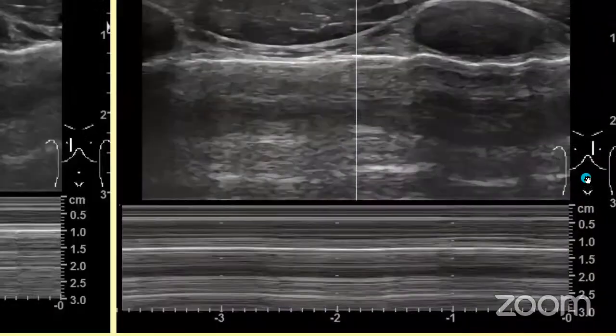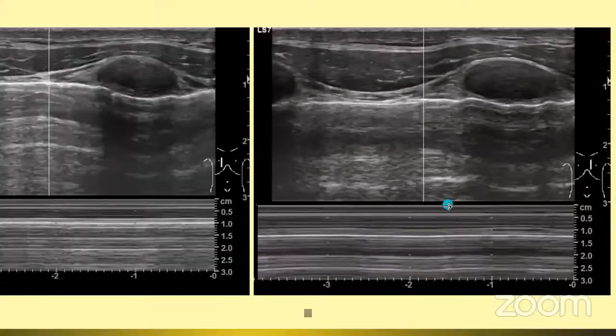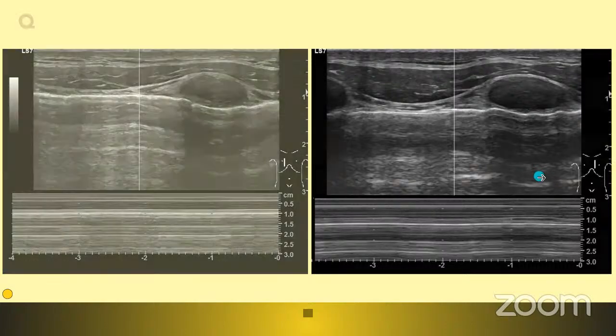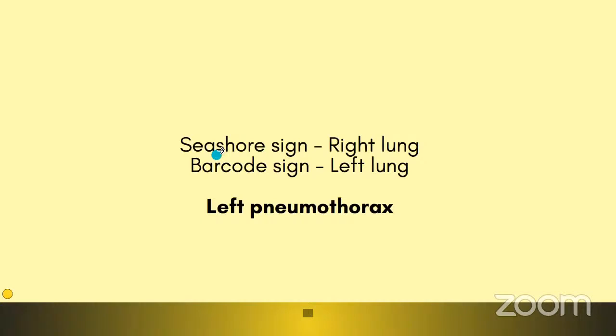Since we are able to see this finding in the left lung, I would say that there is no movement in the left lung, no left lung sliding. So this is a classic feature of pneumothorax. So seashore sign in the right lung, which is normal. Barcode sign was seen in the left lung because there was little to no movement.